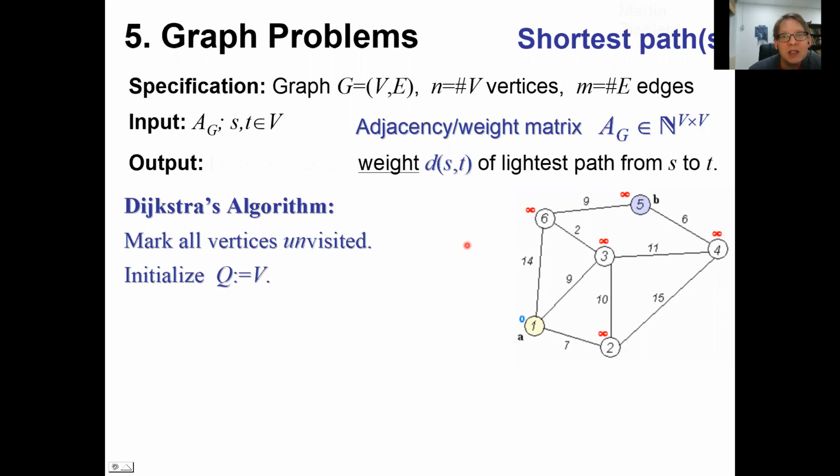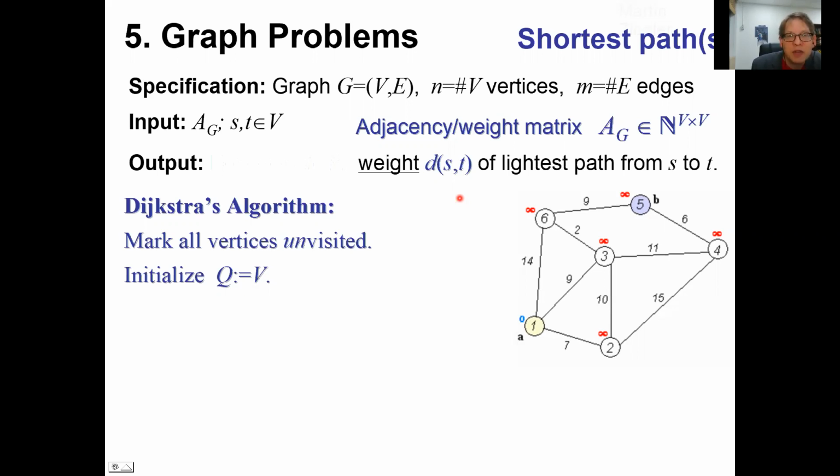It needs some data structure which allows to extract the least element, extract min, and which allows to decrease a key value. It doesn't need to be able to insert elements. It doesn't need to be able to increase the key value of elements. Therefore, these two operations are not part of the specification of a priority queue, only extract min and decrease key. If you don't know where the priority queue comes from, this is where it comes from.